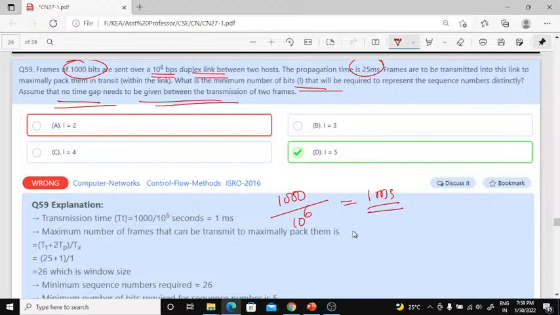The maximum number of frames that can be transmitted to maximally pack them is the propagation time divided by Tx.